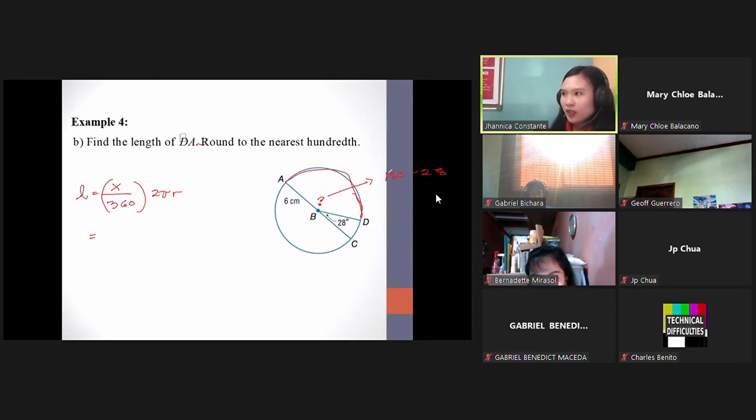So 180 minus 28 is equal to 152. That means this angle has a measurement of 152 degrees.